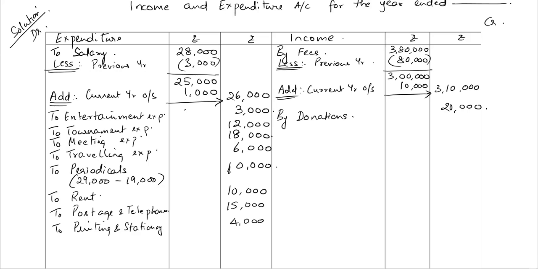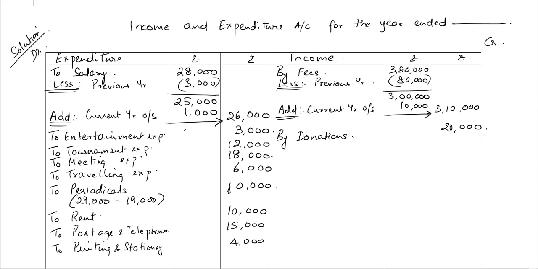So this is the income and expenditure account prepared by us. We'll total the debit side first.